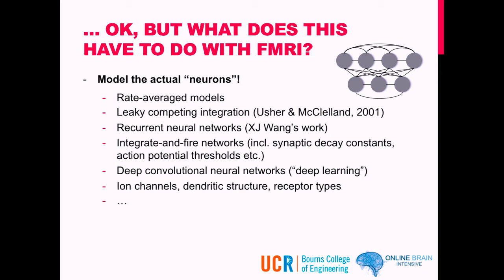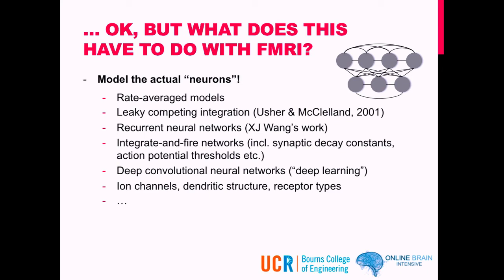You could also go all the way down to modeling ion channels or different receptor types or dendritic structure and so on. So there are a lot of different ways that you can model these neurons, with lots of different levels of detail, and it really depends on what type of system and what level of detail you are trying to model.